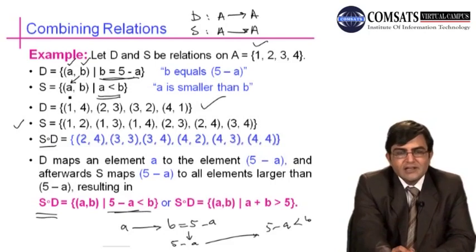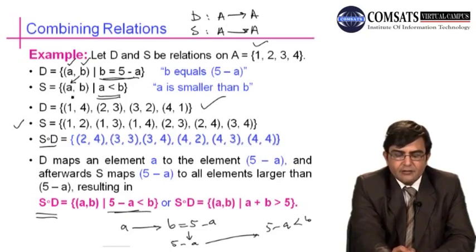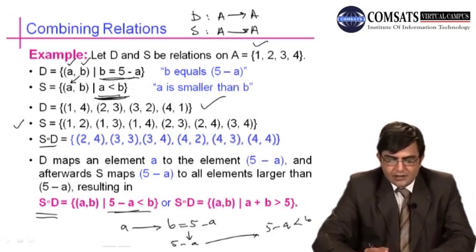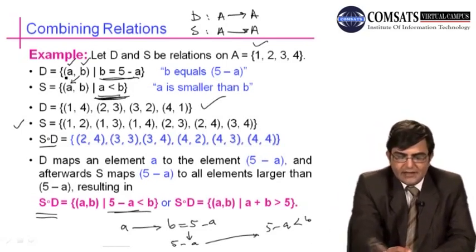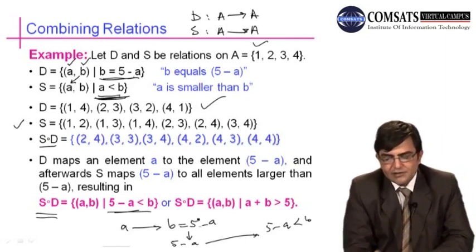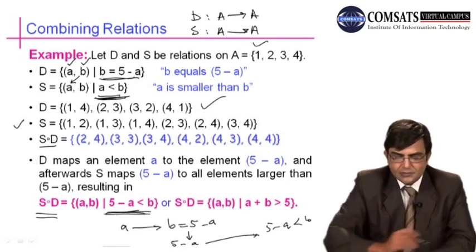Now 4 will be the first element, and the second element must be greater than 4. Then we shall use the second relation. So first A is converted to 5 minus A, and then 5 minus A becomes the first element, and then 5 minus A must be less than B by using the second relation. So we shall use this relation in the composition.